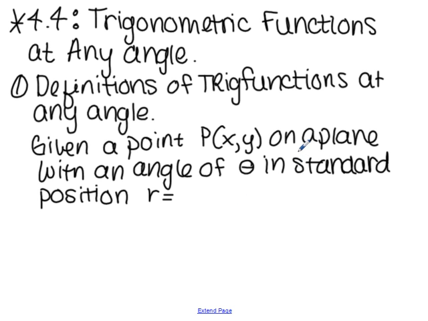The radius is represented as the hypotenuse of a right triangle. So the Pythagorean theorem for r is x squared plus y squared, and then we take the square root.